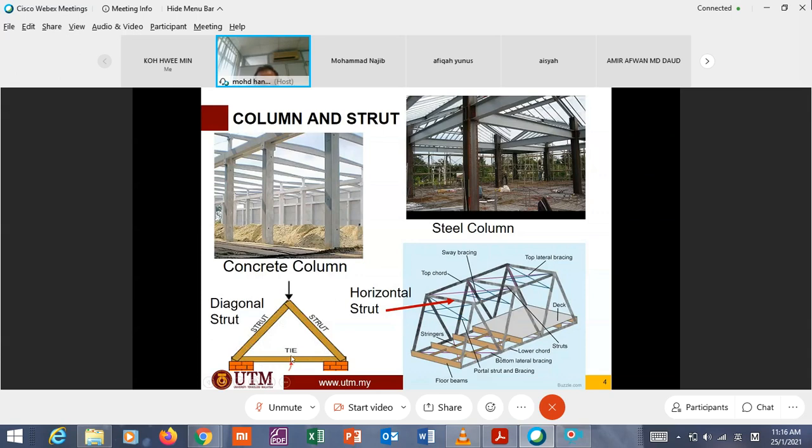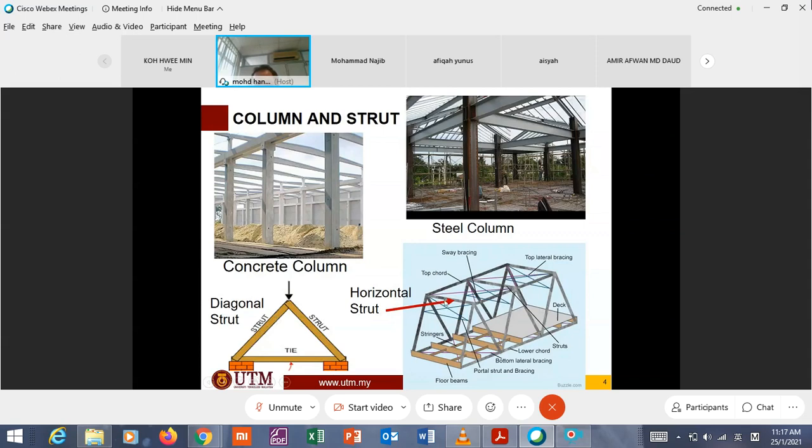Normally, members which are in tension, we call it tie. Members which are in compression, we call it strut. So this is called strut. The similarity between column and strut is that both members are under compression.